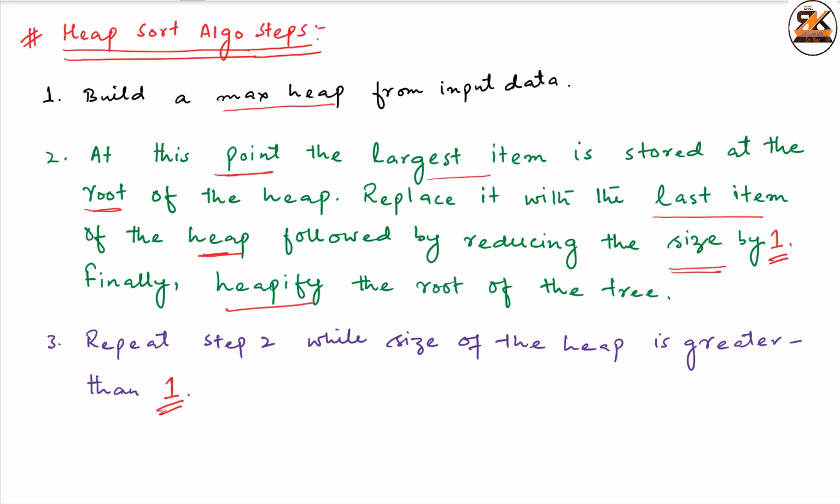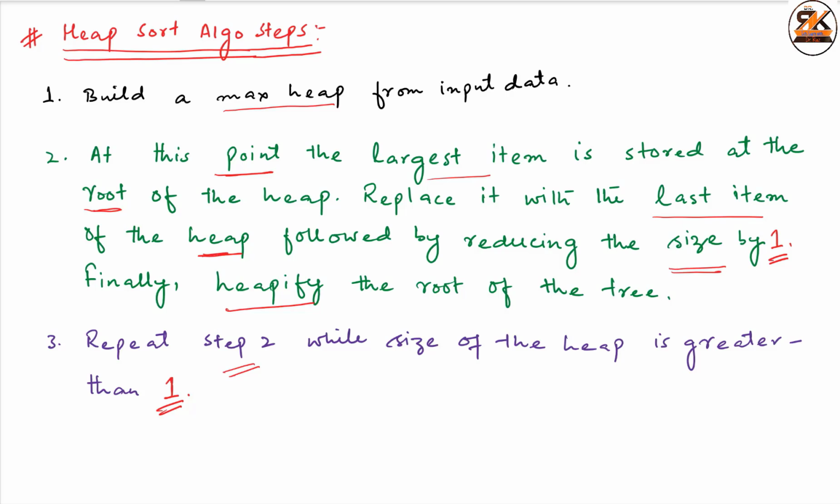Heapify means we rearrange the elements, and at the root of the tree we will have the largest value in the unsorted values. Okay, we repeat step 2 while the size of the heap is greater than 1. That means we repeat this step 2 until we have at least two elements in the unsorted array or in the unsorted heap. Okay, these are the three steps that we have to follow.